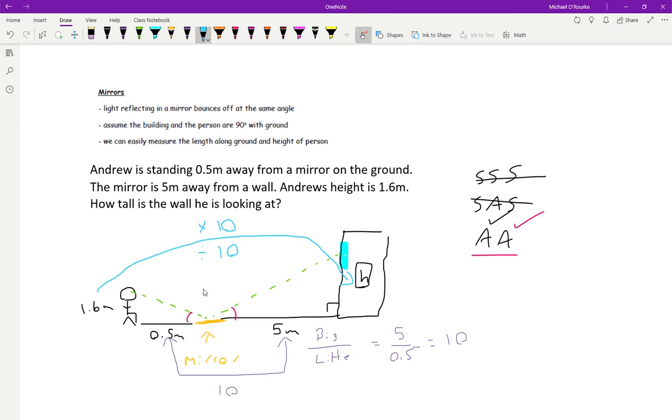I agree with you, Haley. We're going to multiply by 10 because our number is getting bigger, right? So 1.6 times 10, which will equal 16 meters. Good.